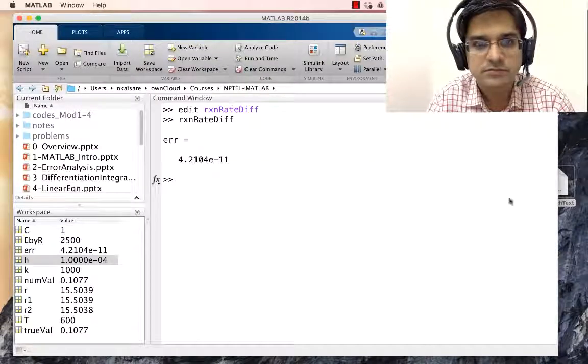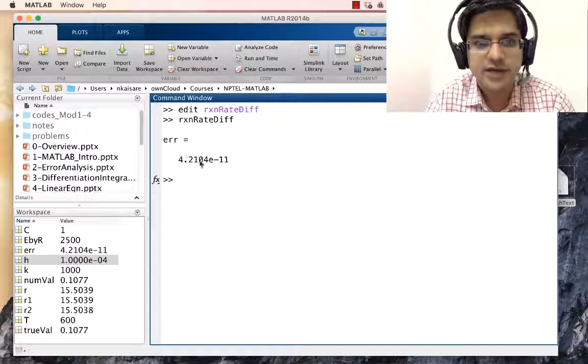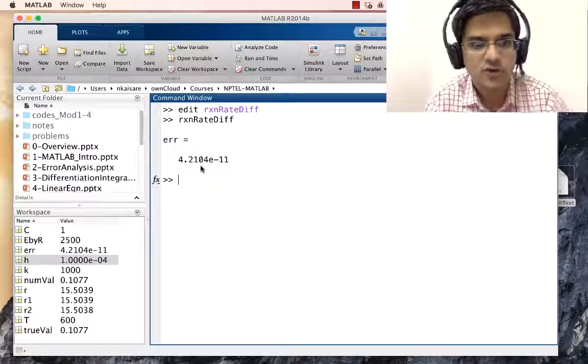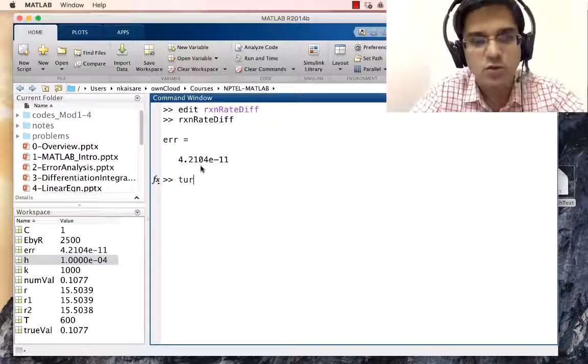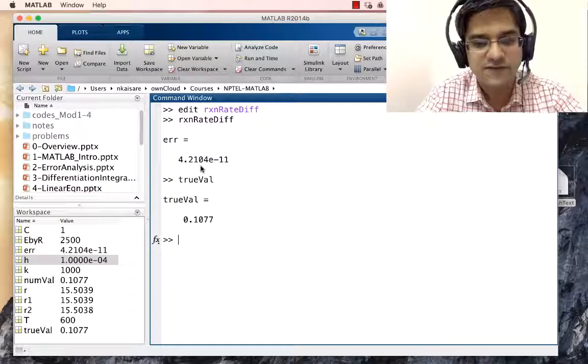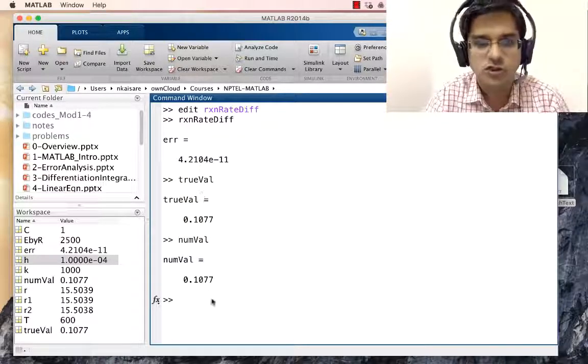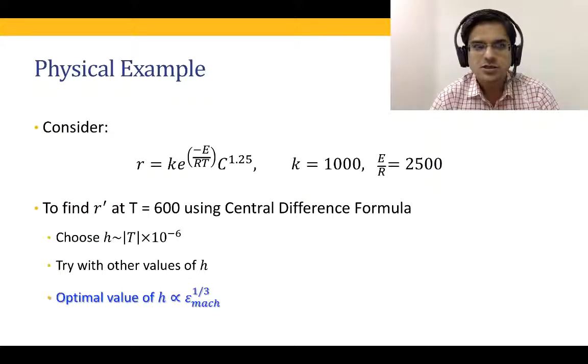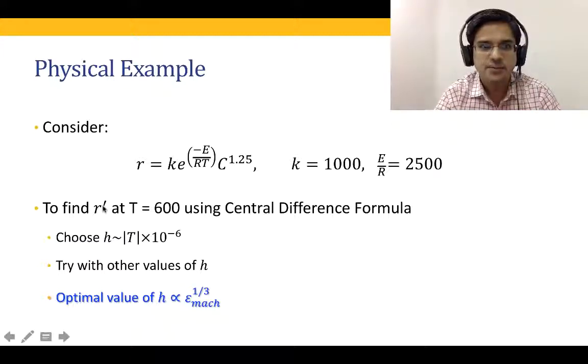This runs, and the error, the difference between the true val and num val, is 4 multiplied by 10 to the power minus 11. The true val is 0.1077 and num val also looks the same, 0.1077.